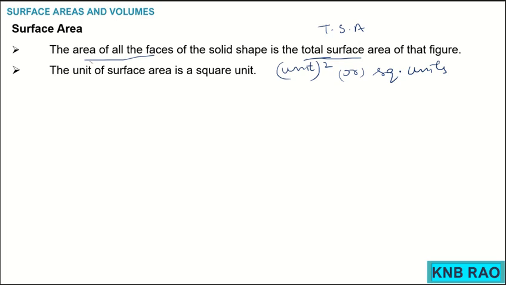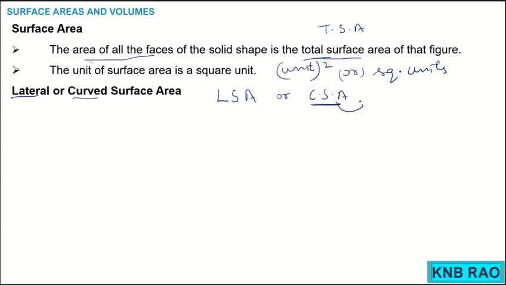Another important thing we learned in class 8 was lateral surface area or curved surface area. Lateral surface area is written in short as LSA, and curved surface area as CSA. Curved surface area will be there for a sphere, because all the side walls are curved.